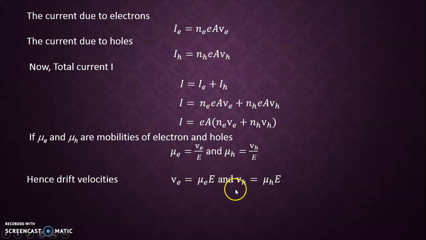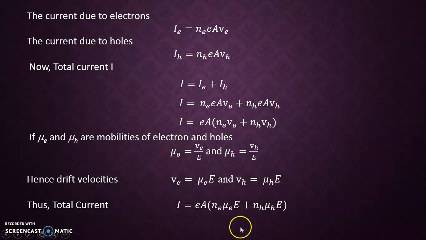So by using these two terms, this equation of current we can write as I is equal to e into A as it is. Then this complete bracket we can write as it is, only instead of v_e and v_h we are going to put the value of the drift velocity.